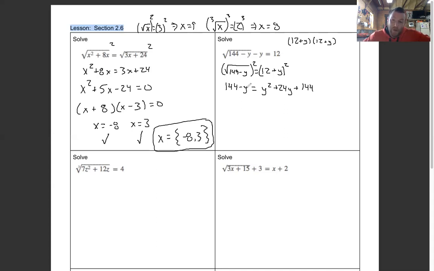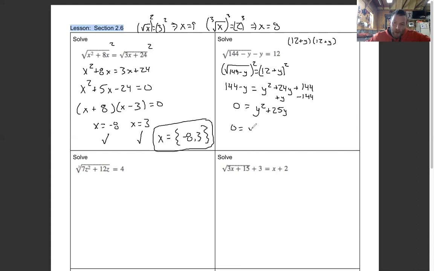Simplify that out. I'm going to set it equal to 0. To do that, I need to minus 144, which we'll cross off, and I need to add y. So I'm left with y squared plus 25y, and that goes away.